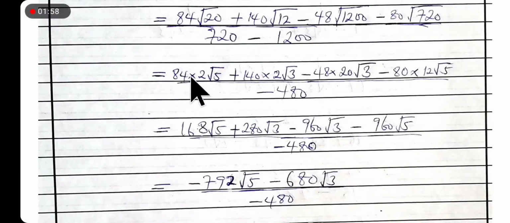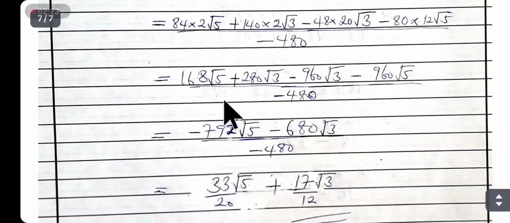So 84 times 2 root 5 is this particular value. Then plus 140 times 2, which gives us 280 root 3. Then minus 48 times 20, 960 root 3. 80 times 12 gives us 960 root 5.